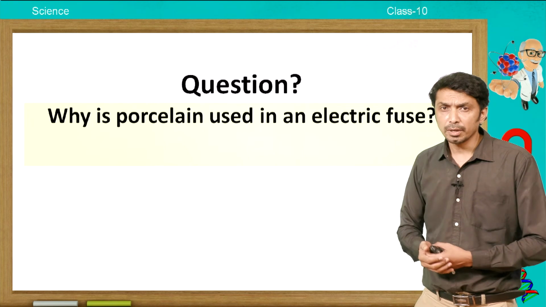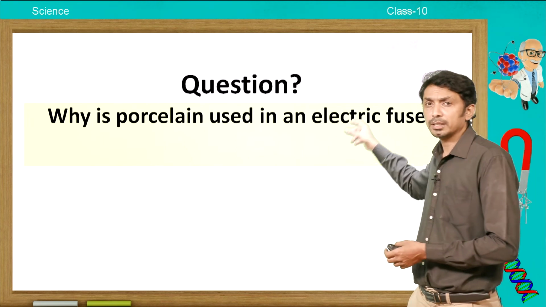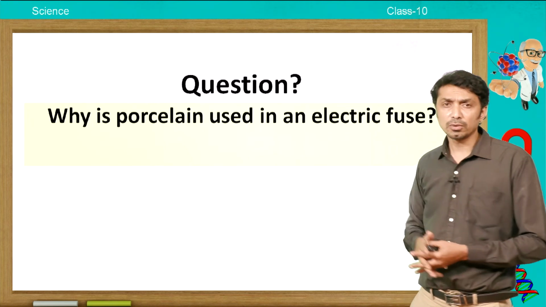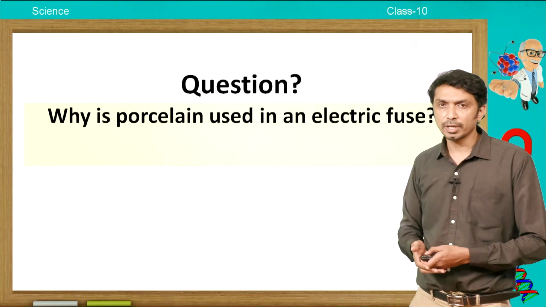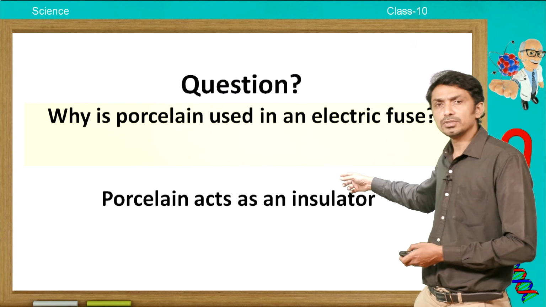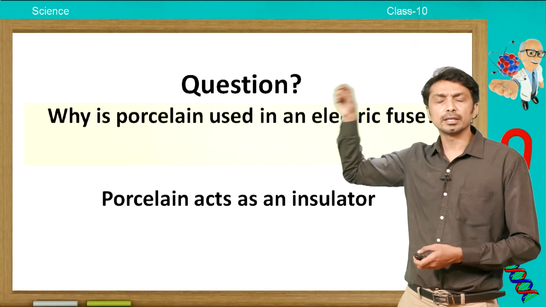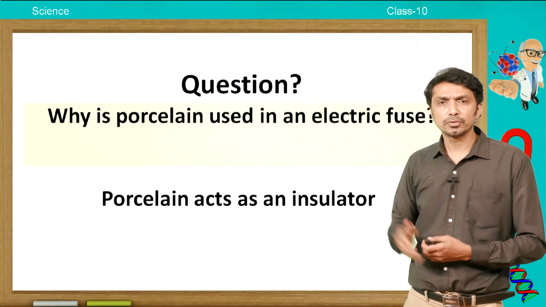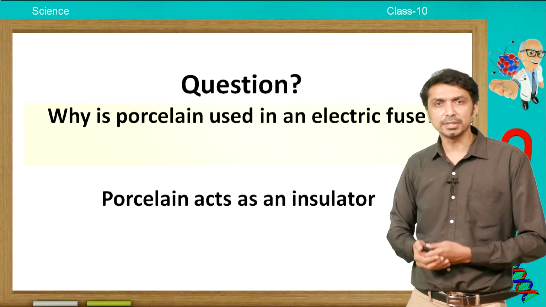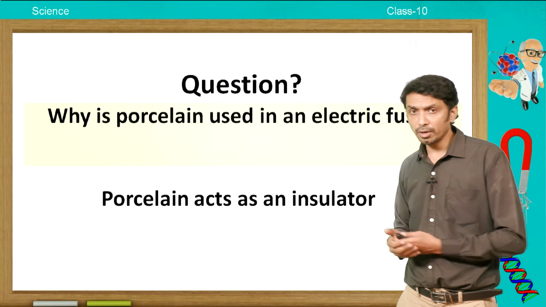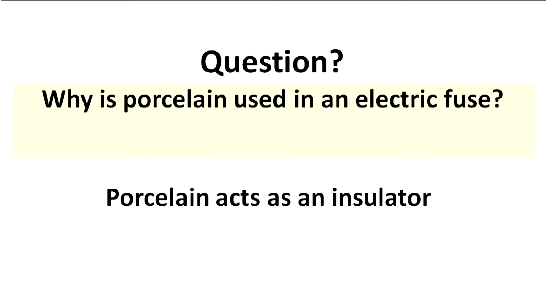Now, the question, why is porcelain used around the fuse wire? Yes, children, you are right. It is acting as an insulator so that we can use that for having a grip of the fuse and making a proper connection. Insulator avoids the flow of electrical current and avoids the shock.